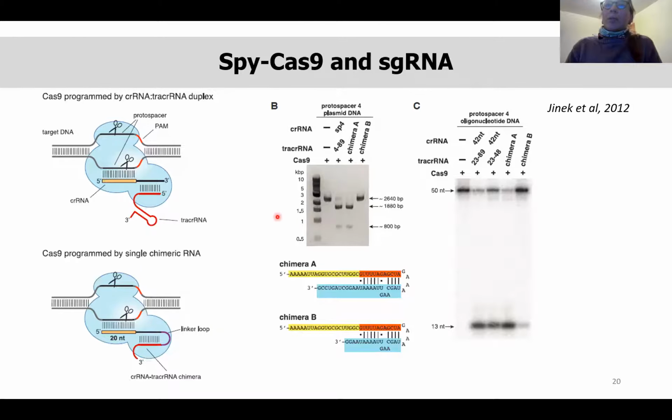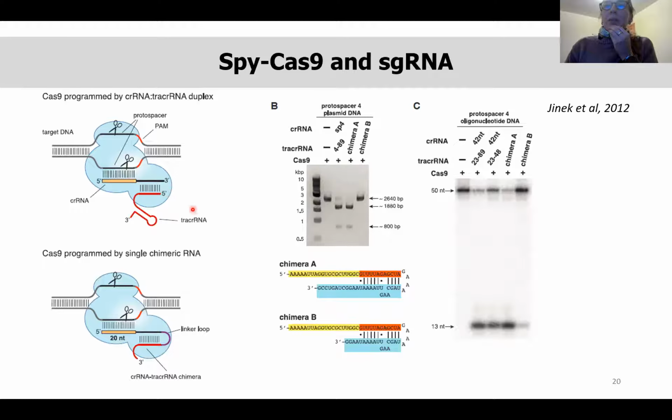As I mentioned before, the tracrRNA and CRISPR-RNA are both important RNA molecules for Cas9. So in this paper, they constructed a chimeric RNA, which fused guide RNA and tracer RNA together.